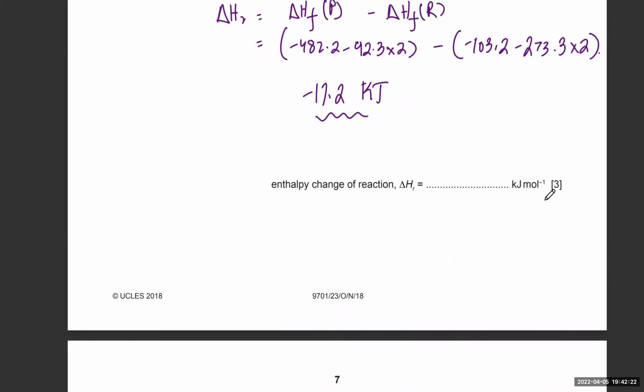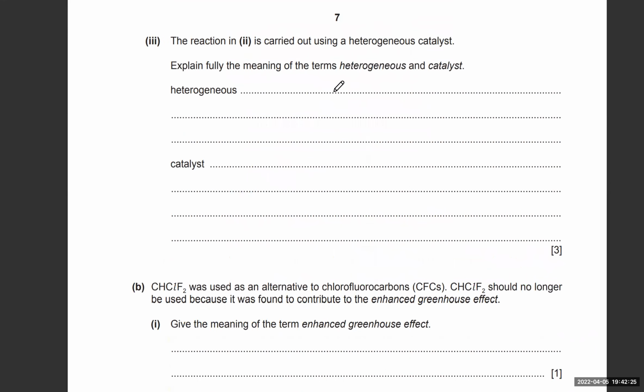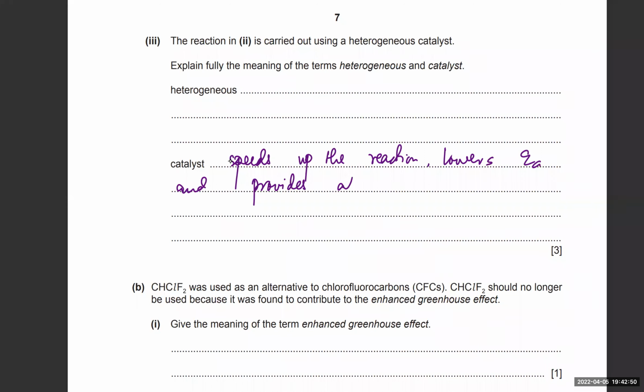अब उससे अगला जो part है, that is, can I explain for you the meaning of the term heterogeneous and catalyst? Catalyst means it speeds up the reaction. And how does it do that? It lowers the activation energy and provides an alternate pathway. और एक और चीज, it remains unchanged at the end.